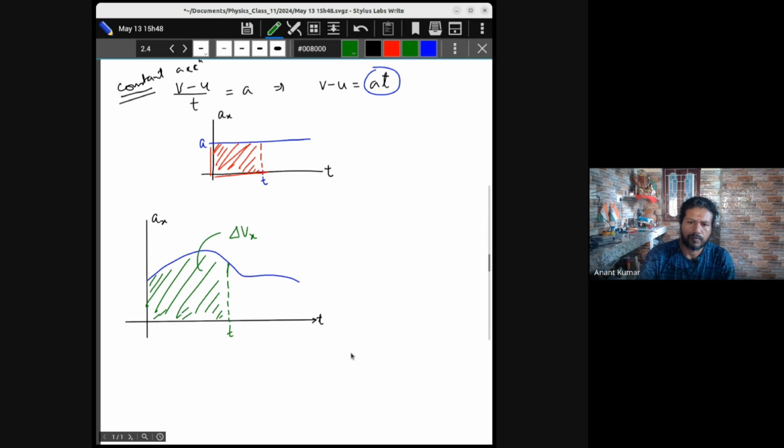So if I knew the initial velocity, in this case जो interval of time लिया मैंने वो 0 से लेकर t तक है.